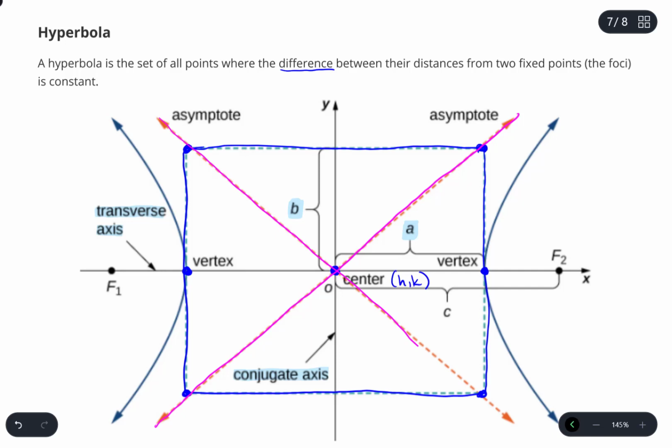I'm just trying to highlight them here. They're already drawn in. Those guide the actual hyperbola to infinity. That's the point of those asymptotes. So that helps us get a picture of what the hyperbola looks like.